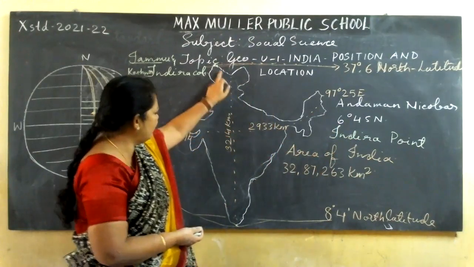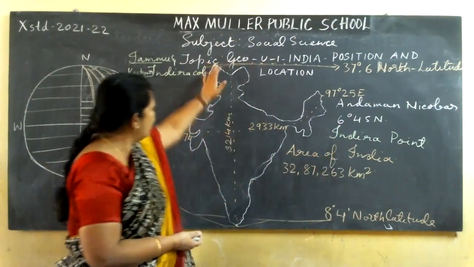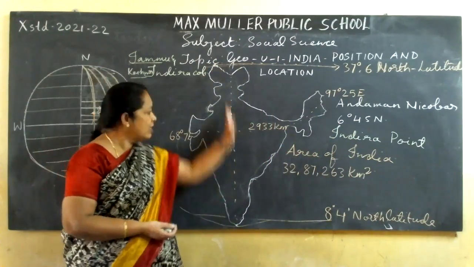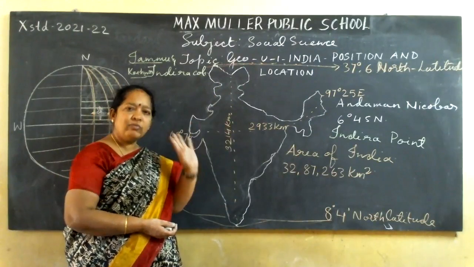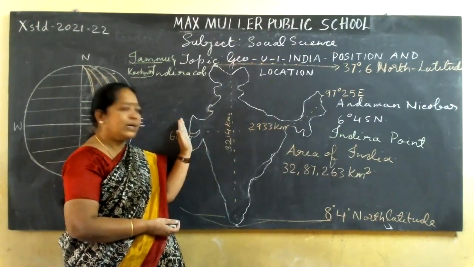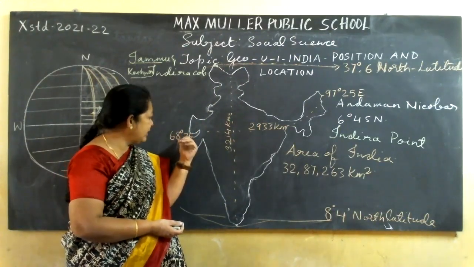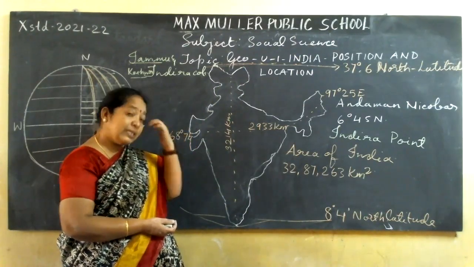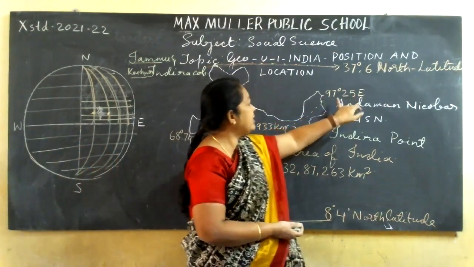From here to here, Jammu Kashmir is the end. If you are traveling by land from north to south, it is 3,240 straight. And next, from Rann of Kutch, that is the end on the western side, 68°7' eastern longitude till 97°25'.